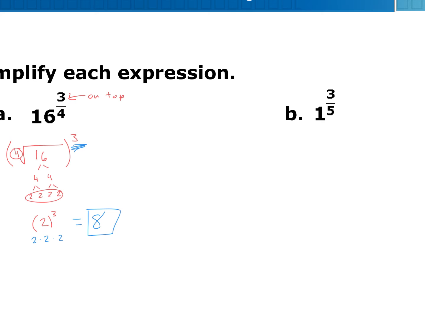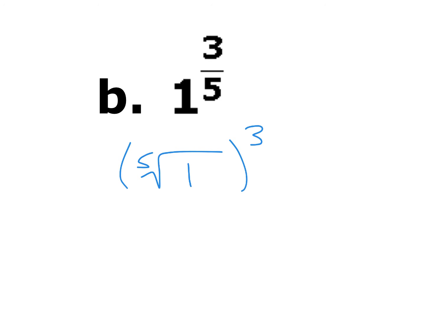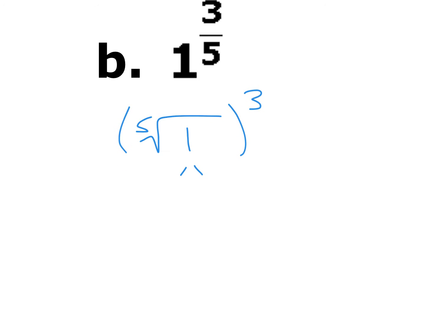All right, let's look at B. Which numbers are index? The 5. So you have the fifth root of 1 cubed. Number on top stays on top. What are factors of 1? 1. So this would be like 1 times 1 times 1 times 1, however many ones we want it to be.